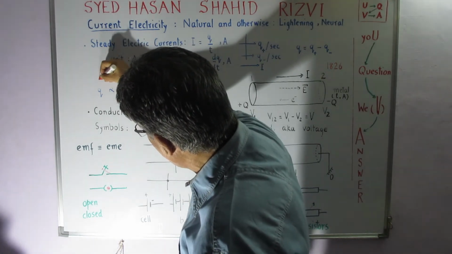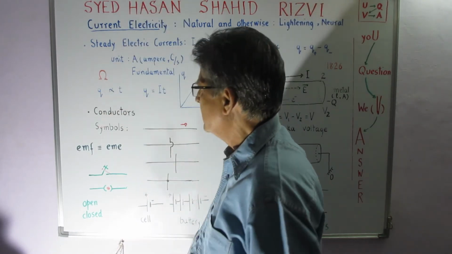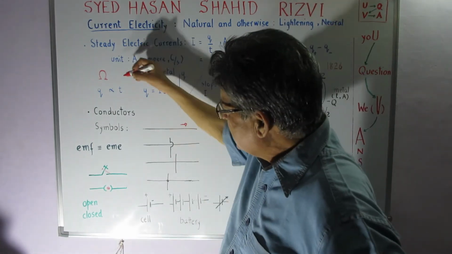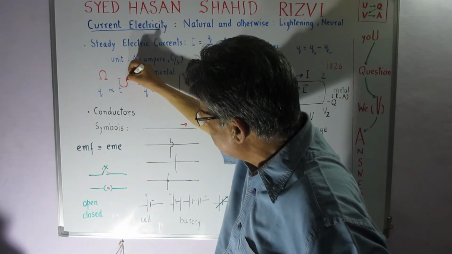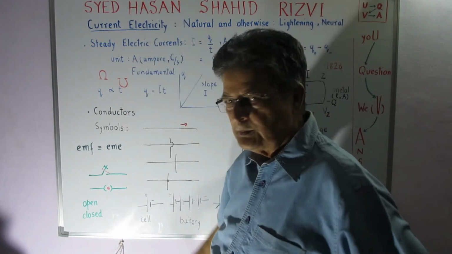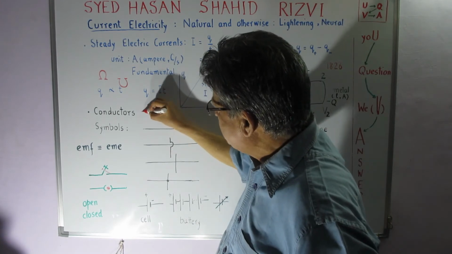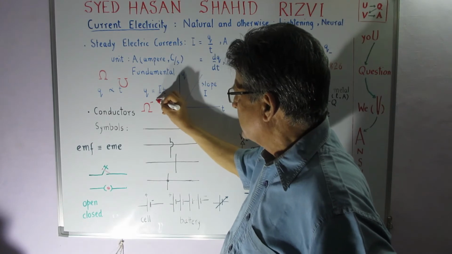I showed it to you in one of the lectures. So 1 upon ohm was given a symbol something like this. Some people thought that the inverted ohm will do. And some people thought that we can write it as ohm power minus 1.